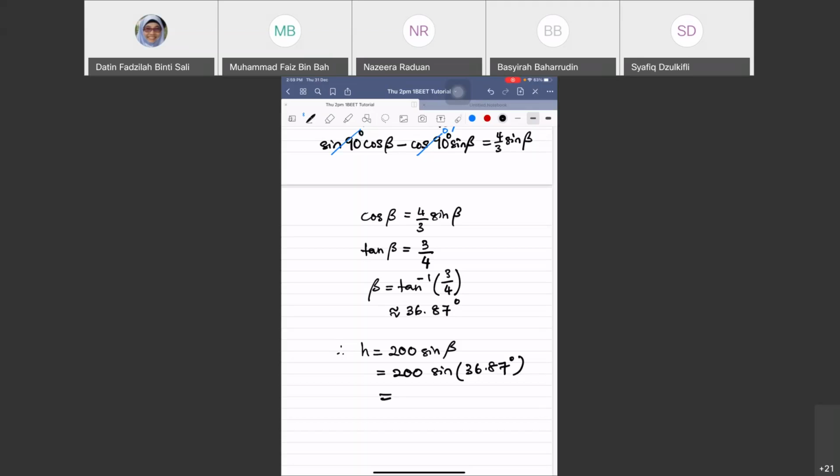36.87. So I'll get 120 feet. So therefore, the height of the building is 120 feet.